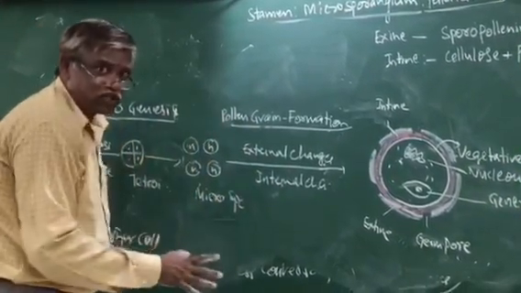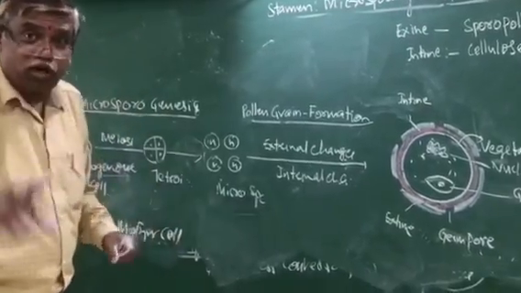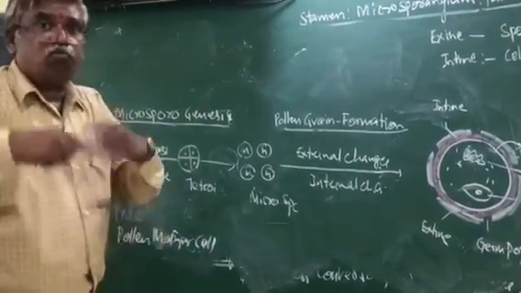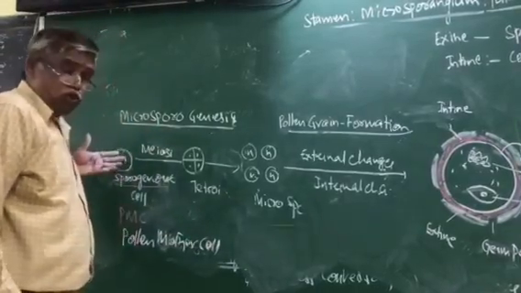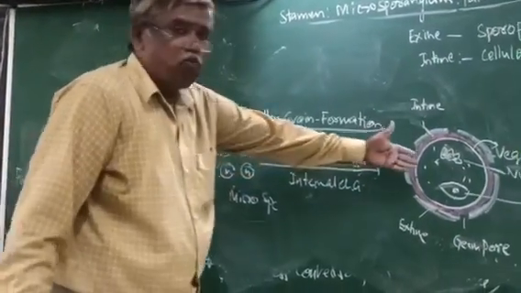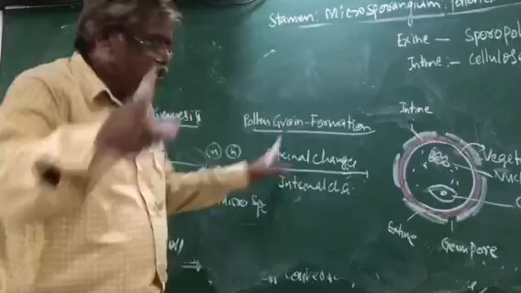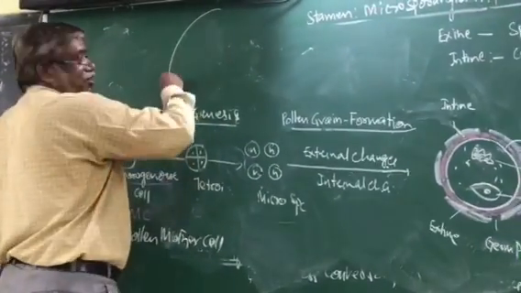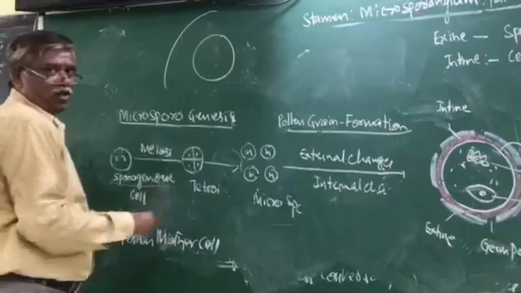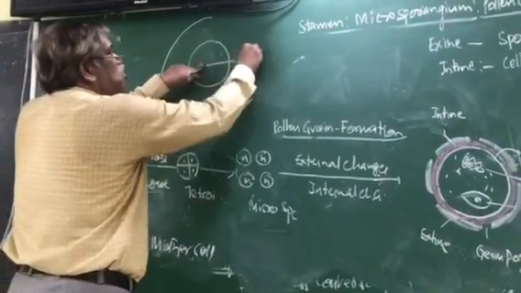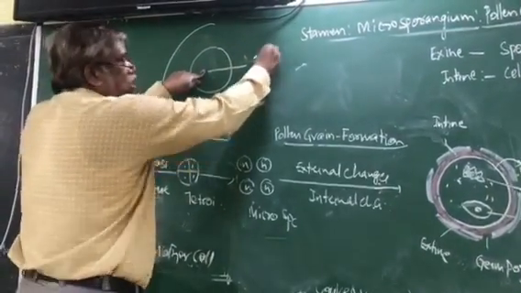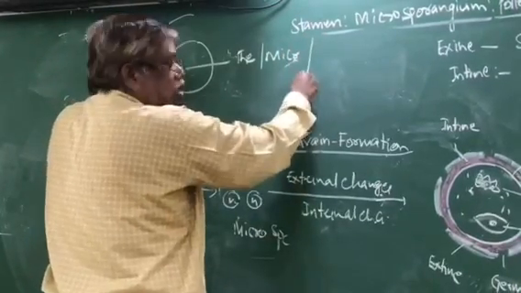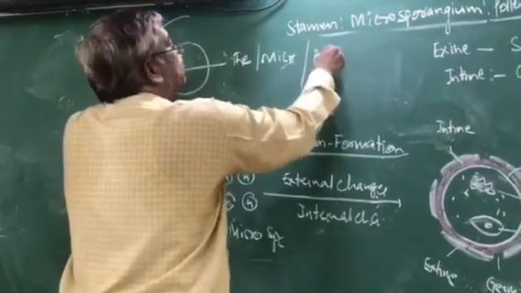These two important events are required for the conversion of sporogenous cells to pollen grains. All these events occur in the theca, or microsporangium, or pollen sac.